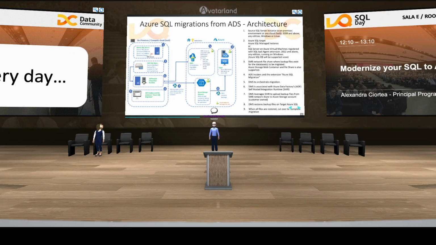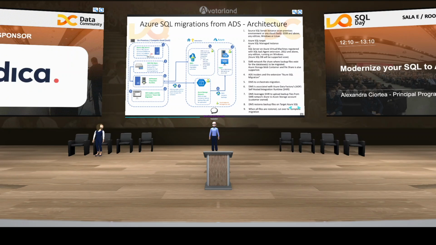And the third element is to have the file share, which will be available for our self-hosted integration runtime service, which will be getting our backups from your on-prem or your virtual machine, and will be copying these backups directly to Azure Storage. So in this case, we are talking about the local share for our backup files, and I will be showing this during the demo.